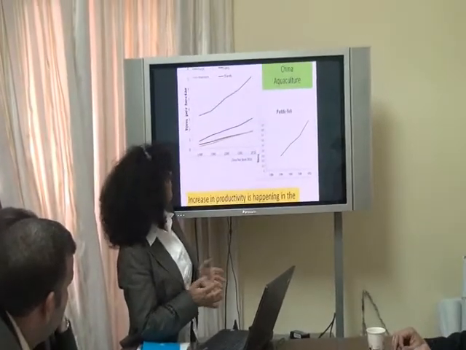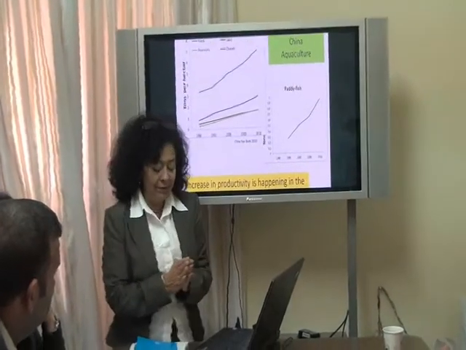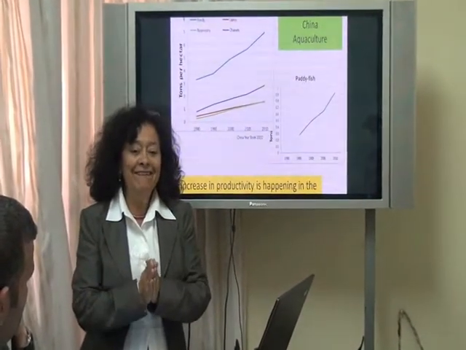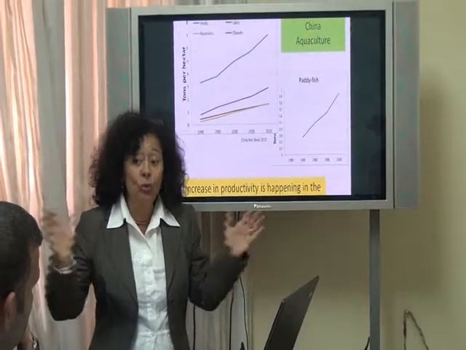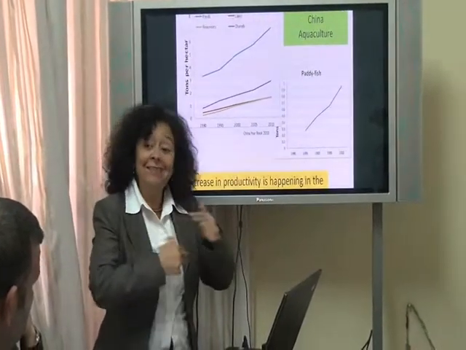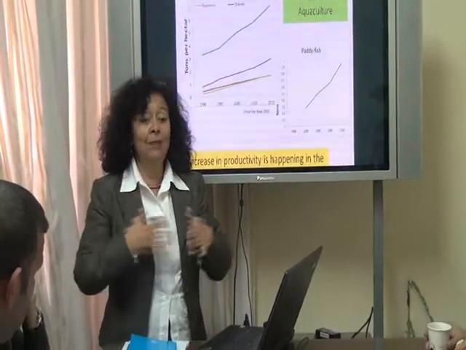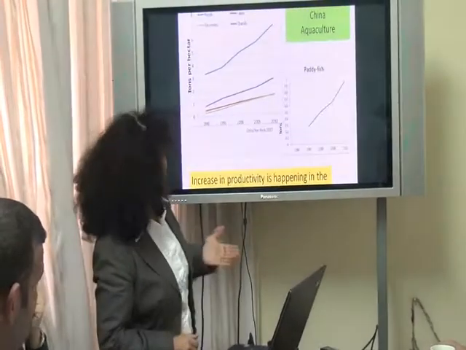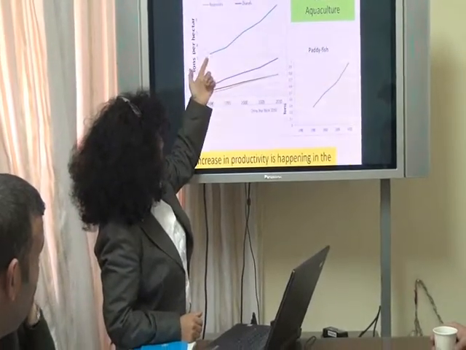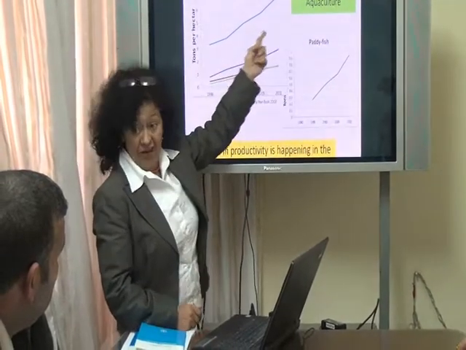Just to give you an example, in China, the important thing is that they don't have space to grow more or water to use, so they are intensifying in the same space, producing more, making the production more efficient. You can see that, for example, pond culture in tons per hectare is increasing very strongly.